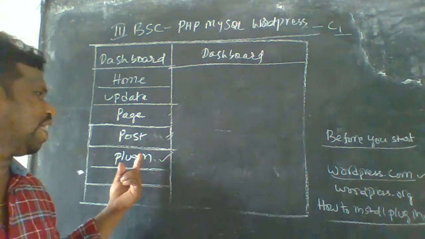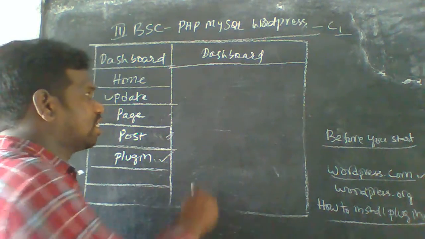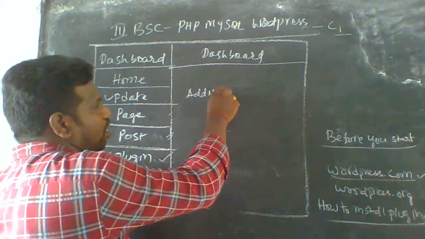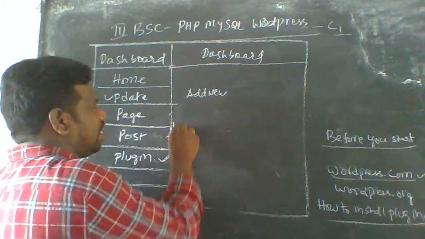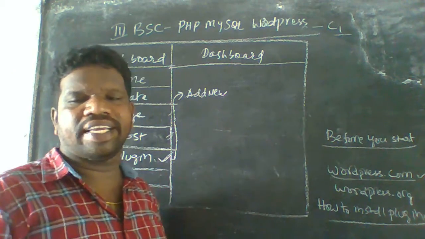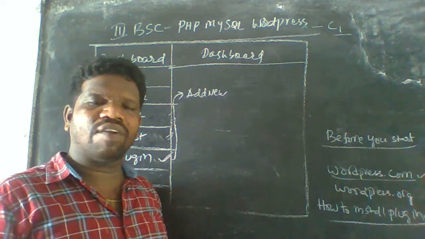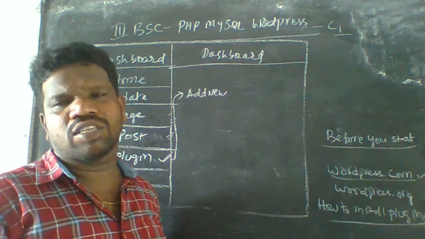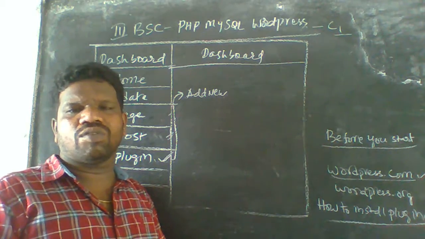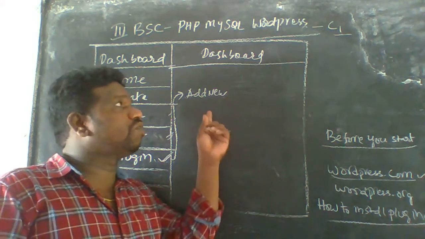Whenever we click on Plugins, there is an Add New option that appears. In it there is a search box, and you can directly enter the search term and download the plugin.